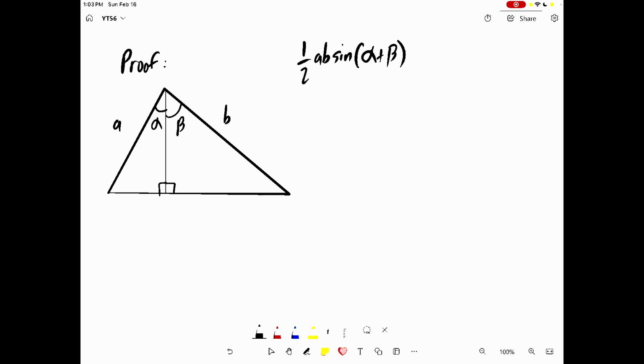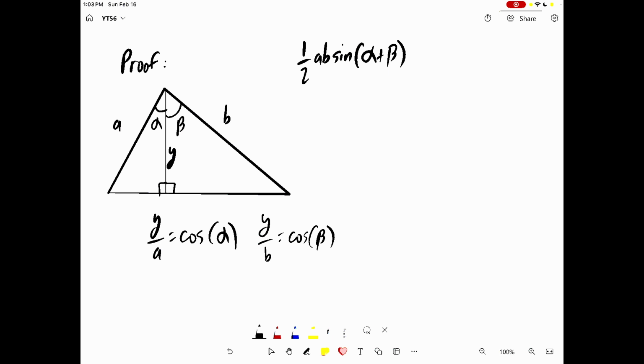But before we look at the areas, we have to figure out the sides. So, what can happen to the sides? Let's call this perpendicular y. Now, y over a is equal to cosine alpha, and it's the exact same thing for this: y over b is equal to cosine beta.